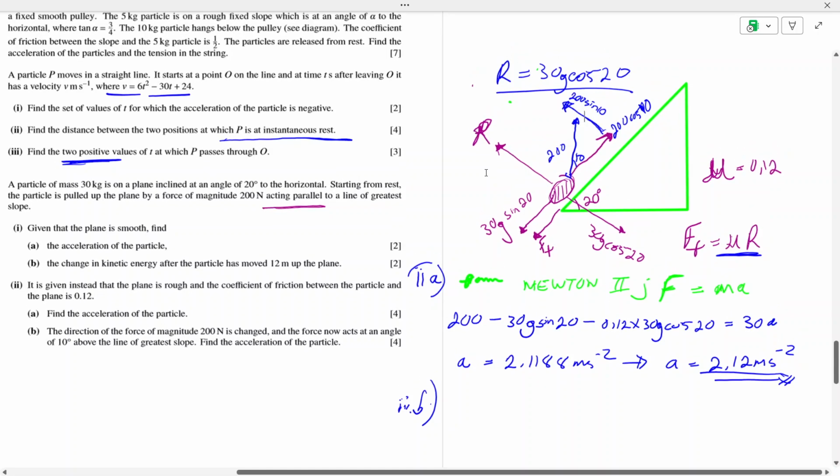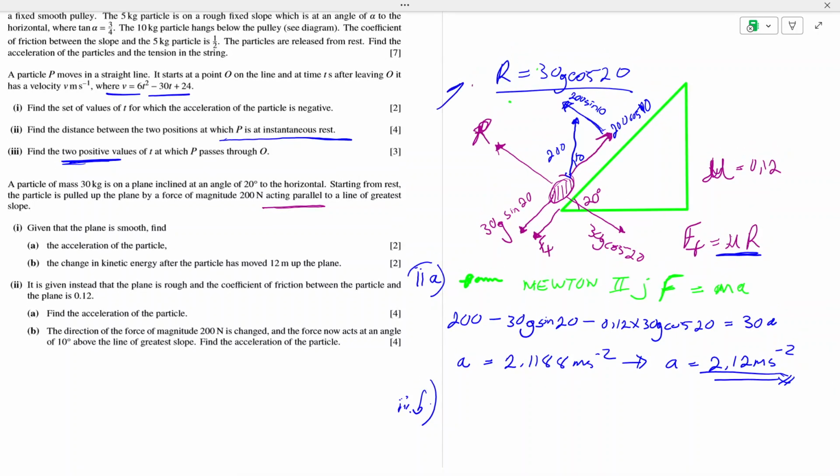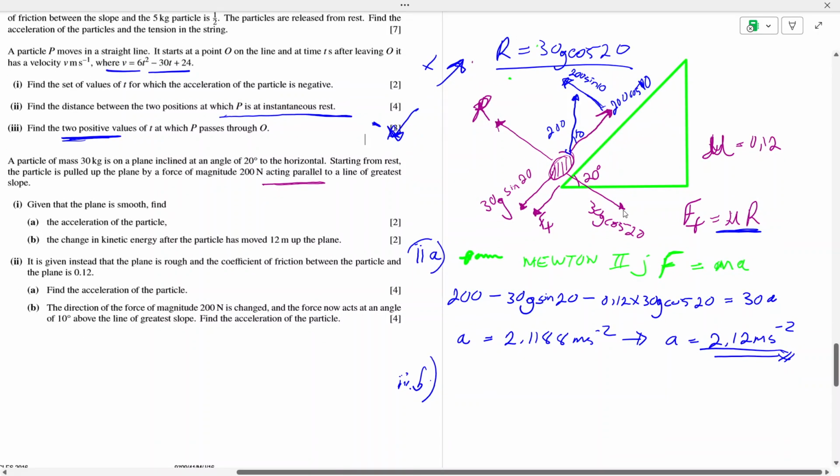Remember, I'm saying going up is positive and going down is negative. In this case, it also now affects our reaction force, because look, we now have two forces acting perpendicular to the plane, right? We have the R going in that direction, and we have the 200 sin 10 in that direction, and then in this direction we just have 30g cos 20. So we're going to modify our equation like that.